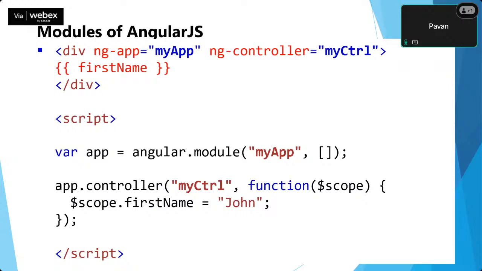This is one component of AngularJS. That is, controller is a directive of AngularJS. And its name will be my controller. And we'll look at what this controller is in the next slides. And here, after that, we have written two curly braces, first name and curly braces.